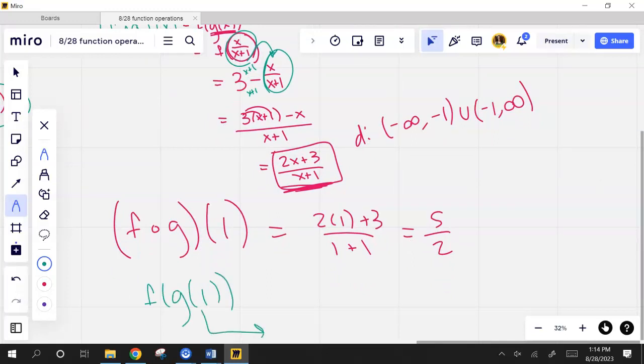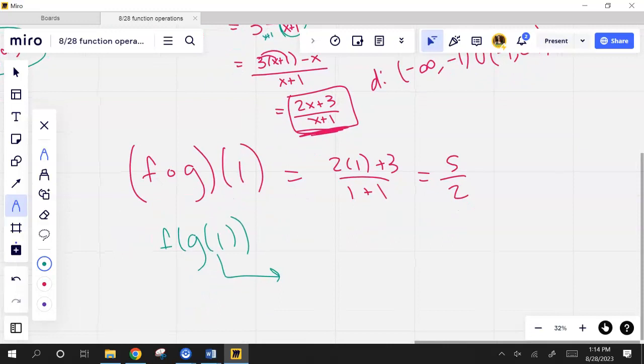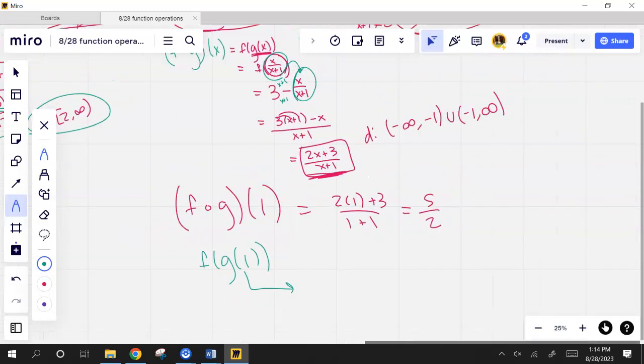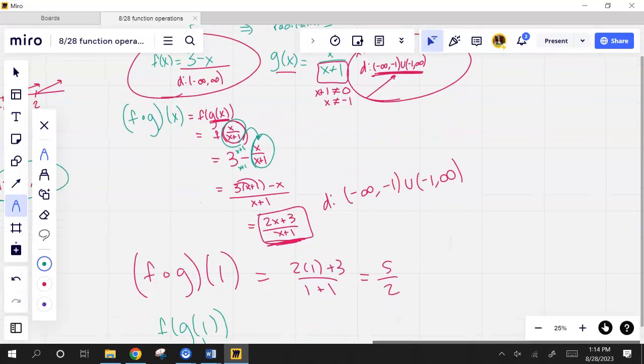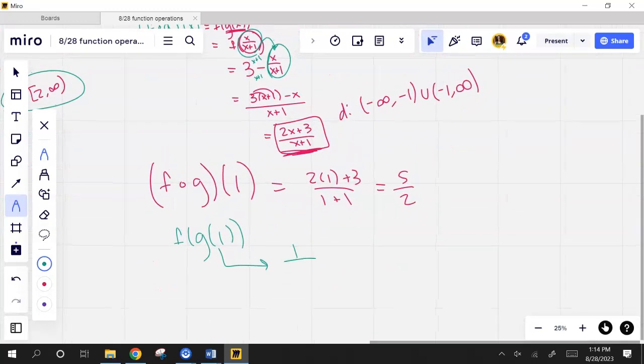I know y'all remember doing this in Algebra 2. g of 1 would be 1 over 1 plus 1, which is 1/2. Now I could plug in f of 1/2 and come back to the same thing. Either way would work.